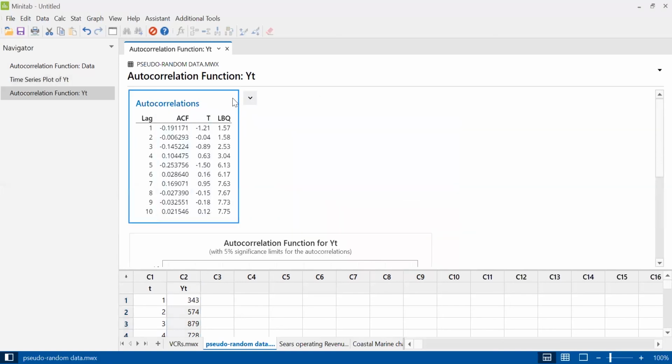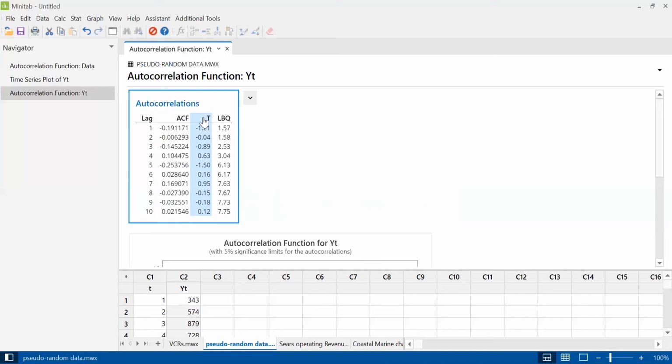On the top, you will see the autocorrelation coefficients together with the test statistic T. Now this T is different from the one we just had, because you will notice that some of the ACFs are negative and correspondingly the T's are negative too. For negative T's, instead of comparing with 2, we compare with negative 2.